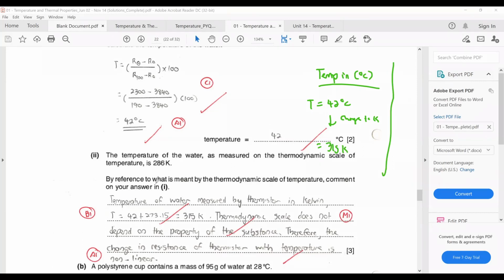Okay. Now they're measuring that same water, but using a different scale, right now at temperature in Kelvin. They're measuring straight using the Kelvin scale, and then they found out that it's 286 Kelvin.